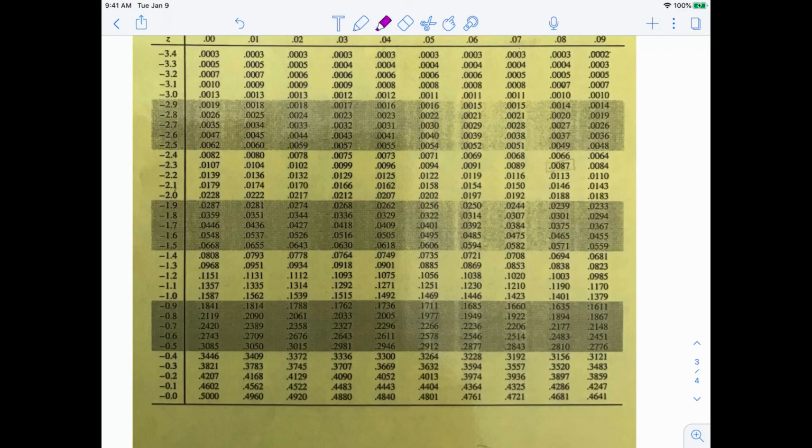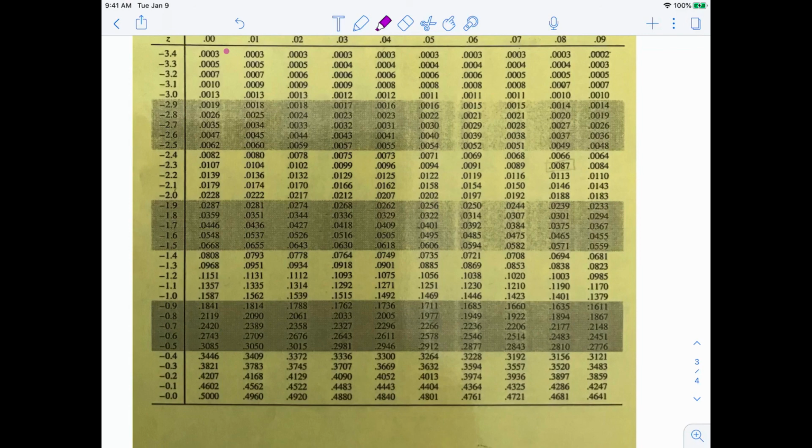So what I really want to do is find the value 0.1736 inside of the table. So if I look up here, I'm starting at 0.0003, so I'm going to keep going down.